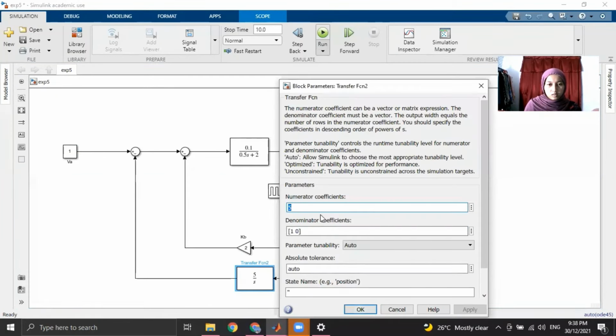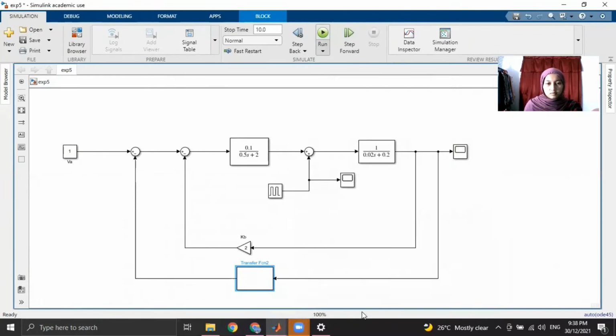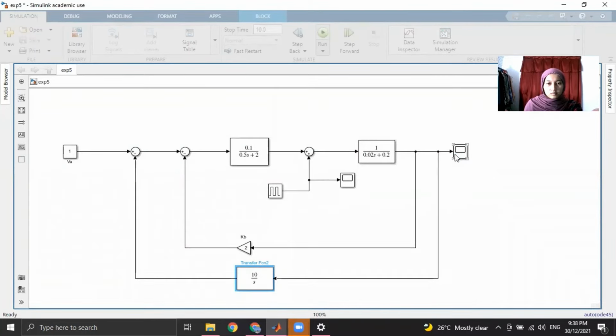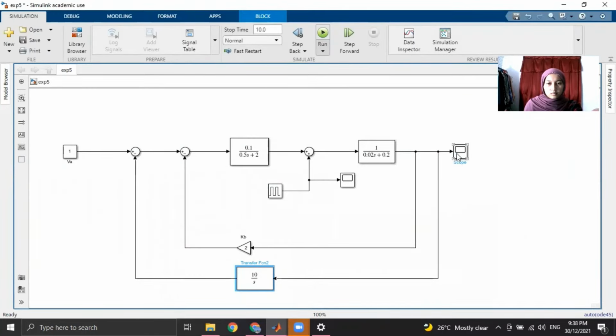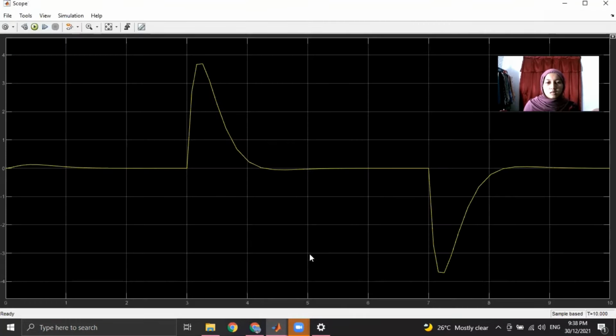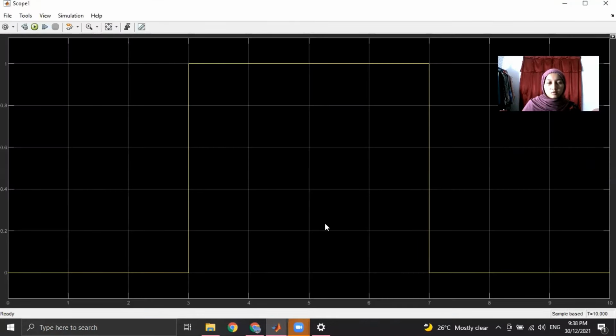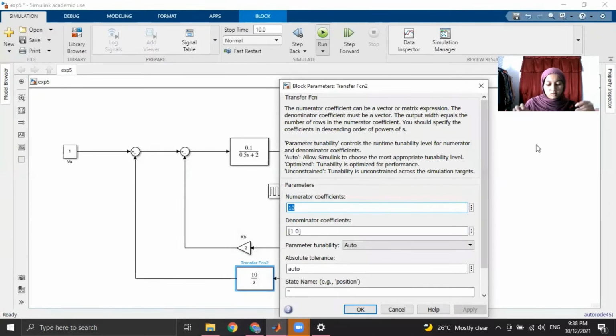Now let's change the numerator to 10. Let's take a look at this result without the pulse generator, and then this one is the result with the pulse generator. The last one is 15.